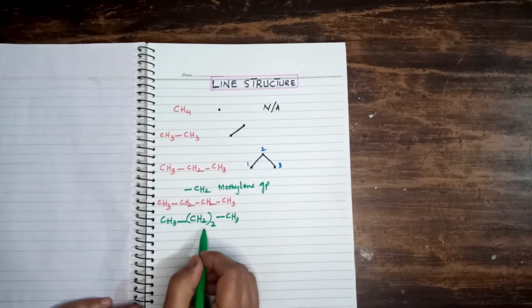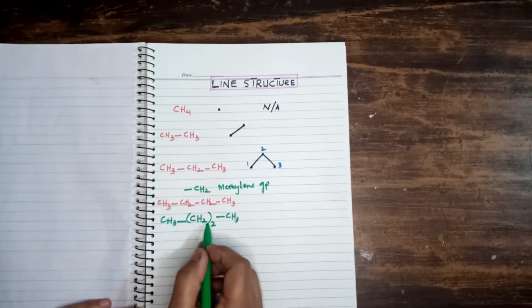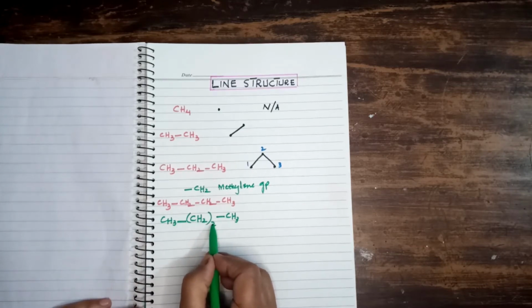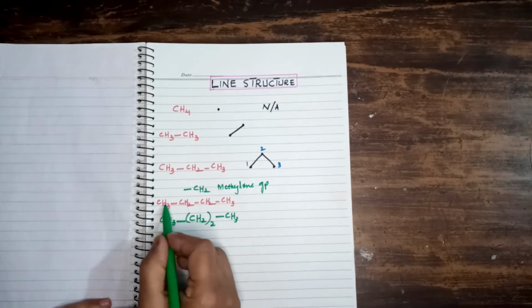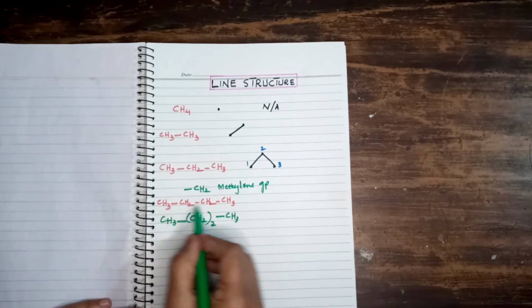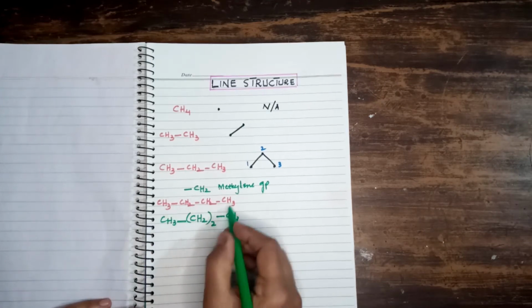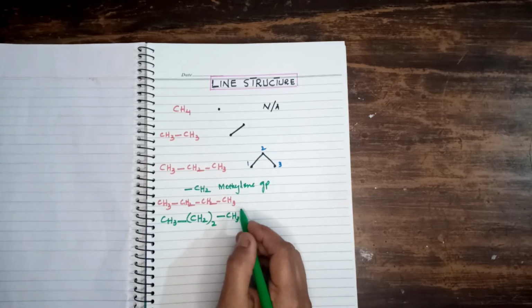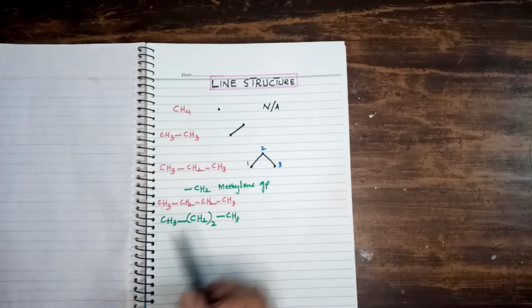We use these types of condensed structures for larger molecules. Now count the number of carbon atoms: 1, 2, 3, 4. This is the condensed structure of butane. Now how can we make the line structure for butane? How many carbon atoms are there?